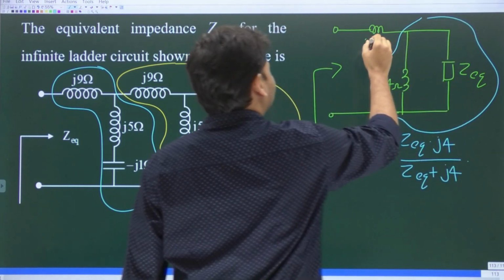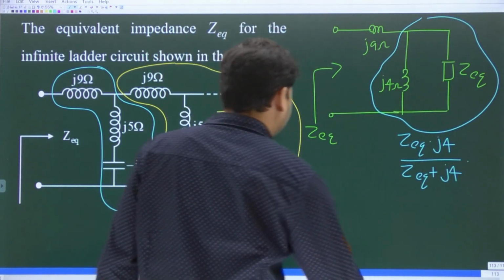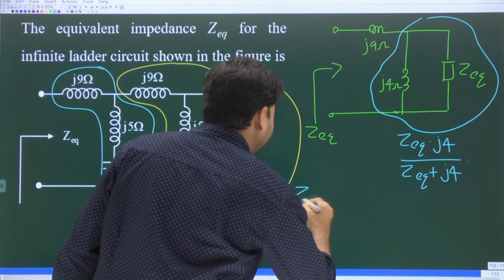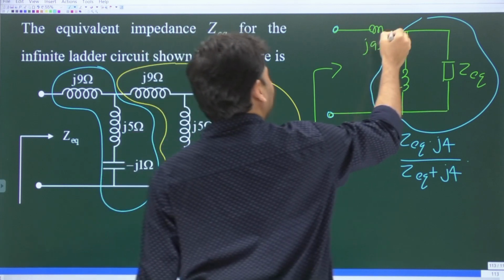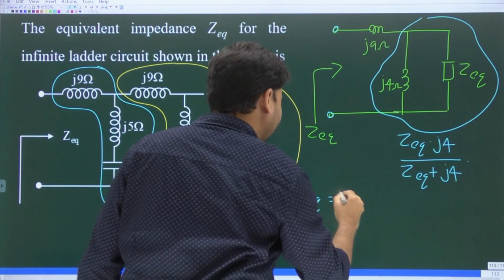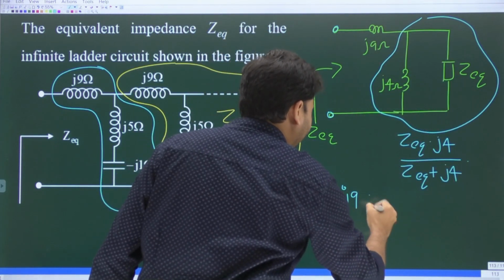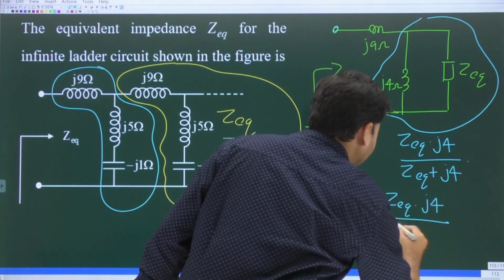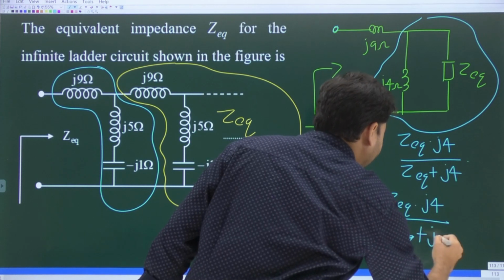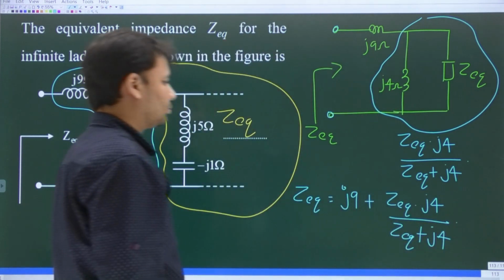And this is in series with J9. So Z equivalent between these 2 points will be equal to J9 plus Z equivalent into J4 upon Z equivalent plus J4.